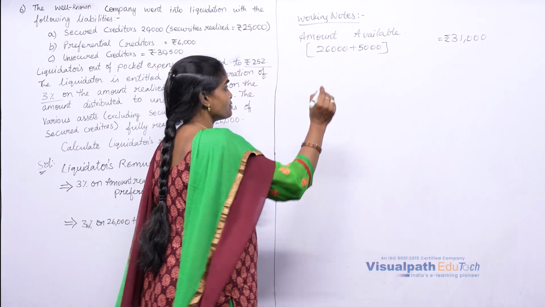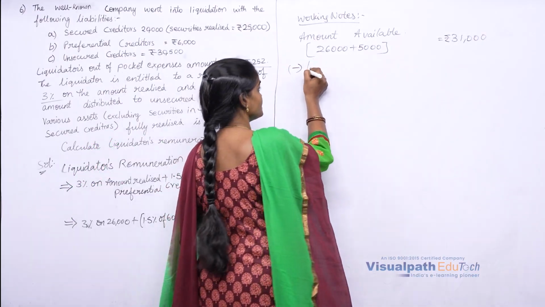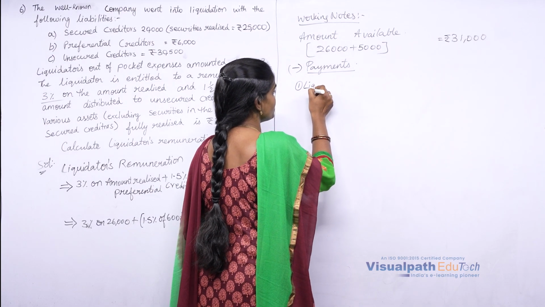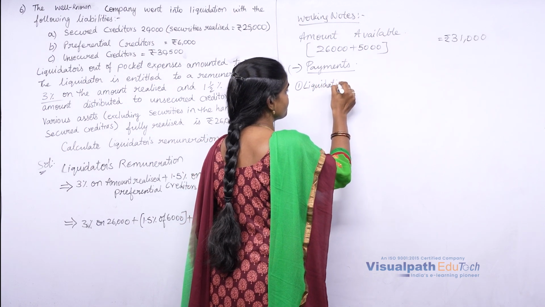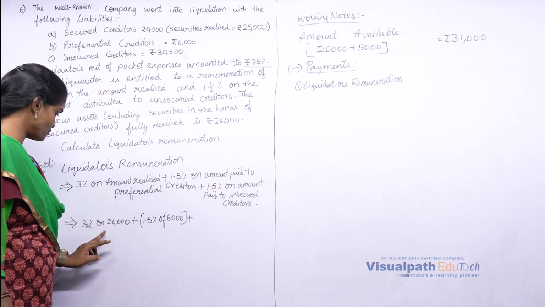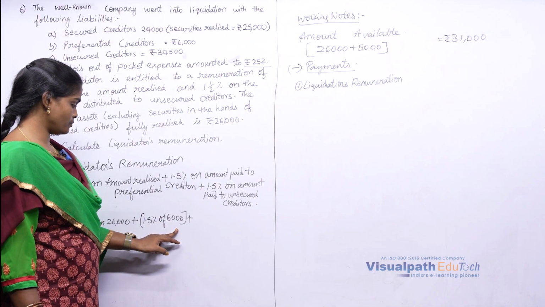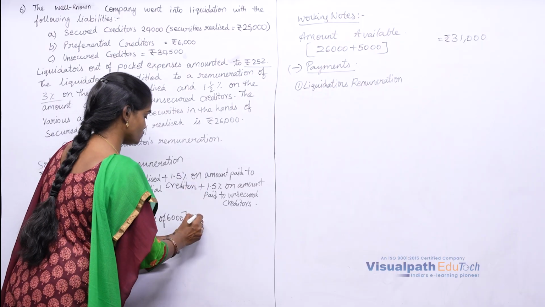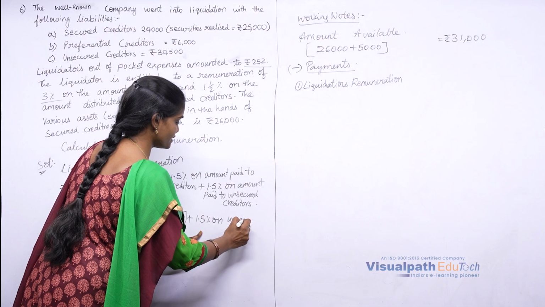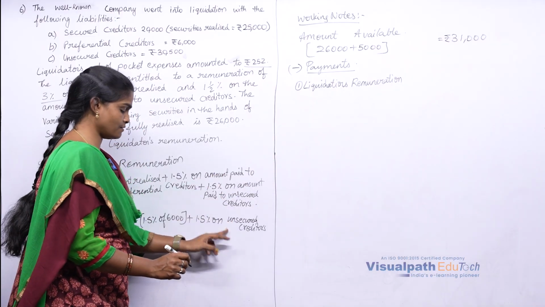Clear? Next, from this deduct all the payments. Then we will come to know how much is the amount available with us. Now minus payments. So first we pay the liquidator's remuneration. Excluding the unsecured creditors portion, we have to take these two amounts: 3% on 26,000 and 1.5% of 6,000. The 1.5% on unsecured creditors stays as it is; after working that out, we will take that value.